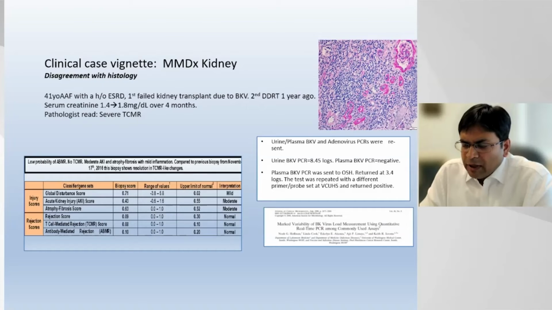So when we repeated the test in our lab with a different primer and probe set for BK, it also turned positive. And the context of this case is that we know that BK virus can mutate over time, and therefore it may not be picked up by different assays. So the lesson of this case is that in the correct clinical setting, one needs to think outside the box to ensure that the correct diagnosis is obtained for a specific patient.